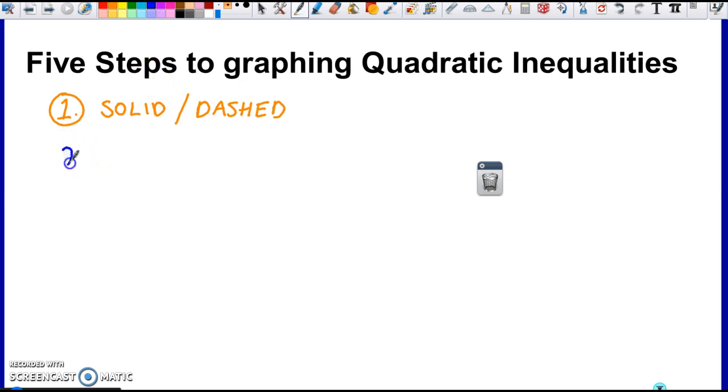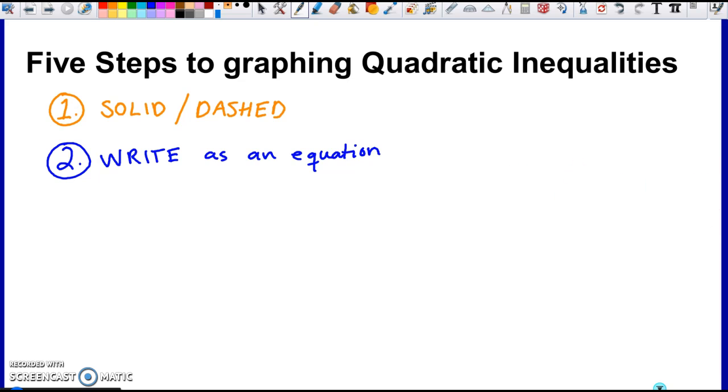The second step is to write your parabola, that's an inequality, as an equation. What I mean by that is you're going to see something that looks like this: y is greater than x squared plus 3x plus 2, we'll say.